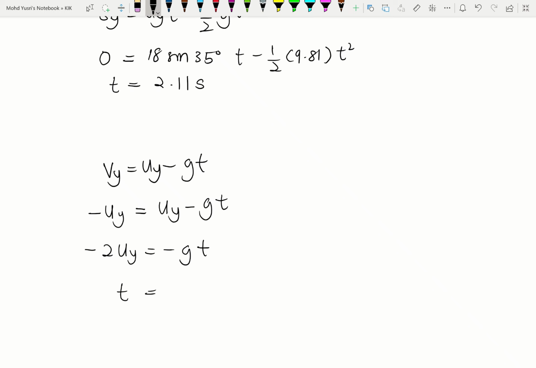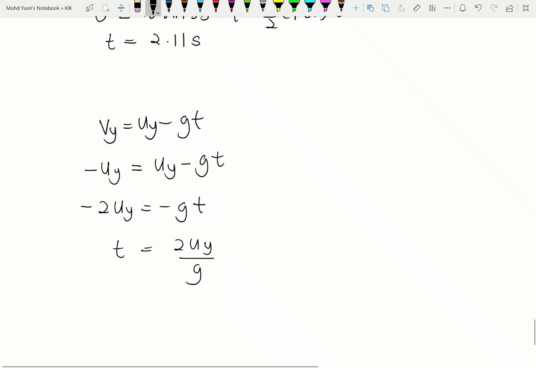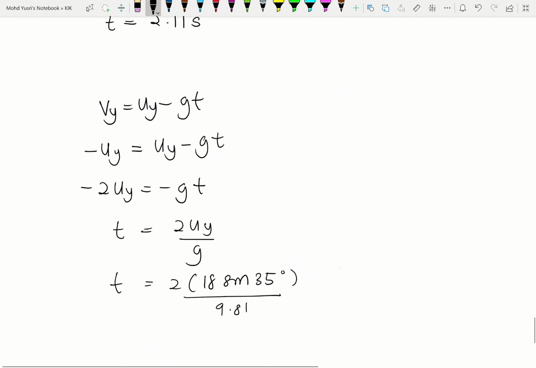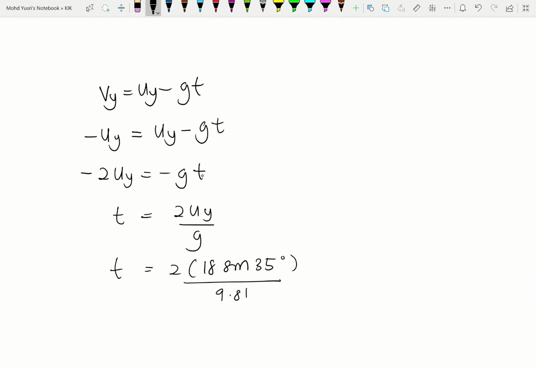Therefore, t equals 2 uy over g, where uy equals 18 sine 35, divided by 9.81 meters per second squared. Use your calculator to solve for the value of t. We will get the same answer as solution number 1, which is 2.11 seconds.